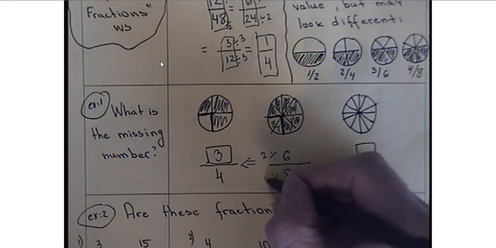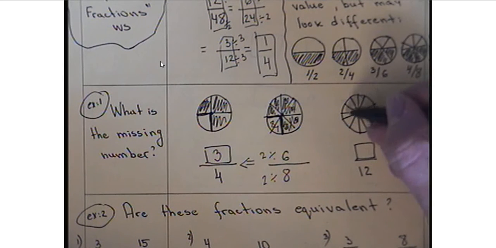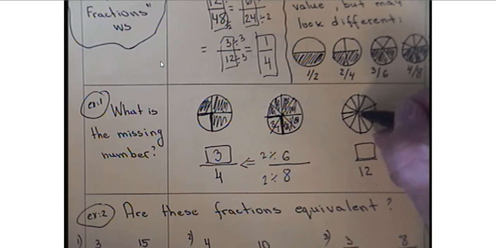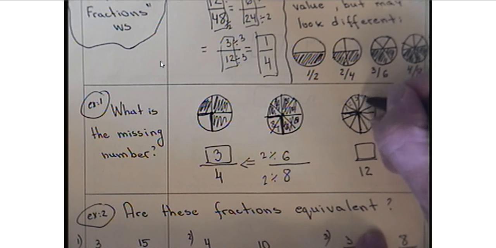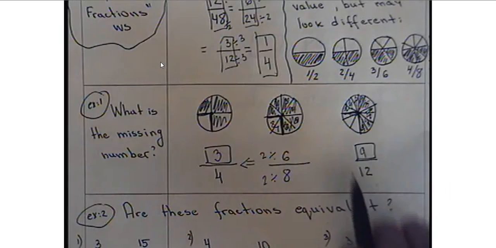Now, what happened here? Again, we have so many pieces and we want this part over here to stay empty, right? Because that's the corner we're looking for. So I will have 1, 2, 3, 4, 5, 6, 7, 8, 9 pieces that I need to cover. 9 are covered over 12 total.